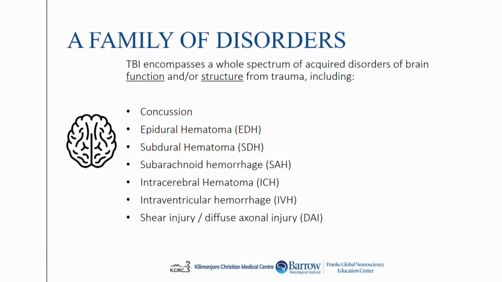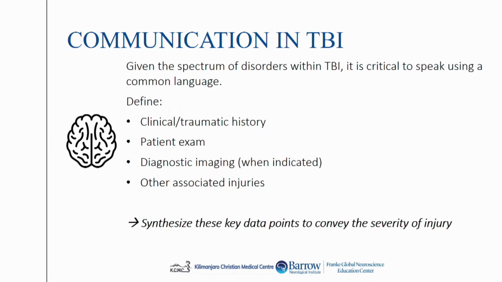And we'll use this term to define both clinical syndromes as well as diagnostic entities, for example, things that we can diagnose on imaging, structural injury to the brain. So when I use the term traumatic brain injuries, I'll use it to mean anything from concussion syndromes, as we typically understand concussion, I'll cover a little bit of that later, to structural brain injury, again, that we can see on imaging, and we'll review a little bit of that.